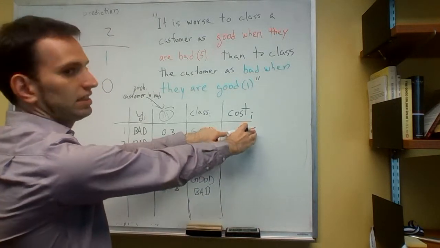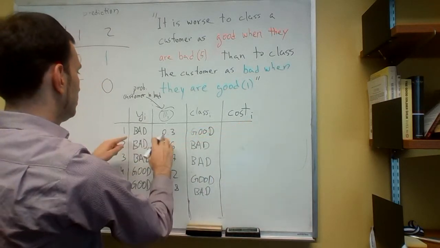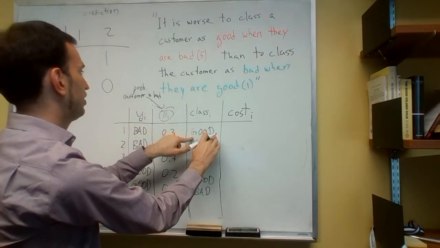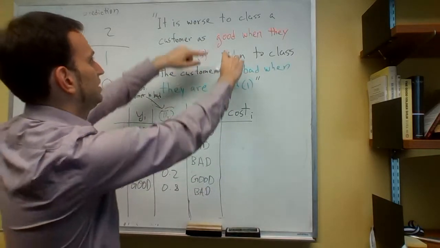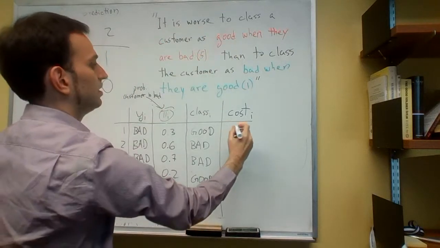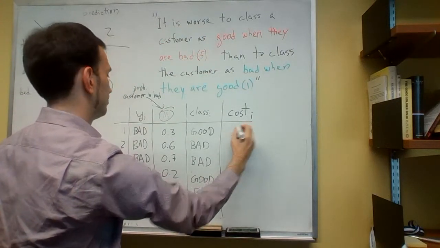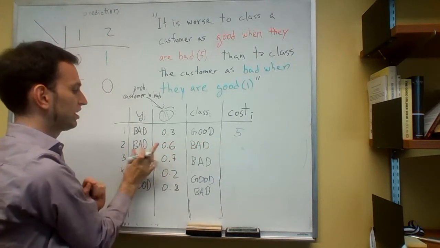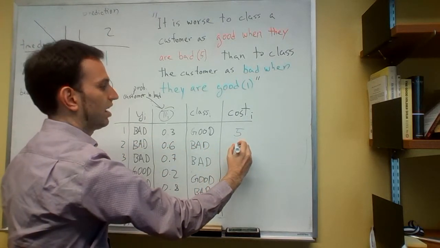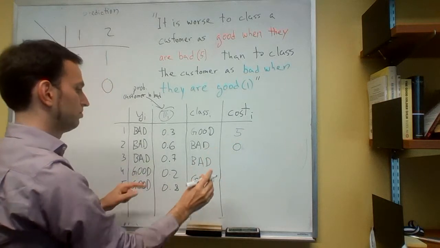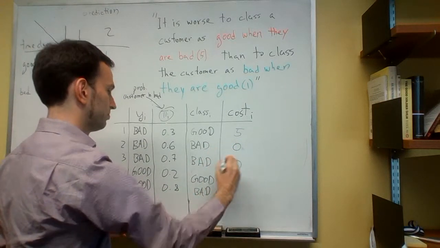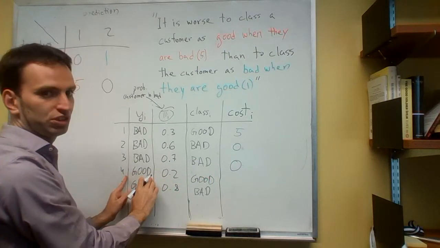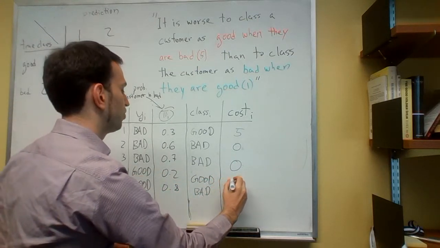So what's the cost here? The actual class here is bad, but the prediction is good. So predicting good when the customer is bad costs us 5. Predicting bad when the customer is bad costs us nothing. That's a 0. This is a 0 as well. Predicting good when the actual customer is good costs 0.